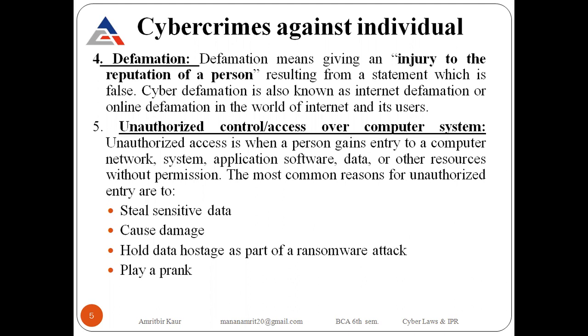The next one is unauthorized control access over computer system. Unauthorized access is when a person gains entry to a computer network, system, application software, data, or other resource without permission. So firstly, what is unauthorized access? It is when a person who is not eligible to access any resource gains access.